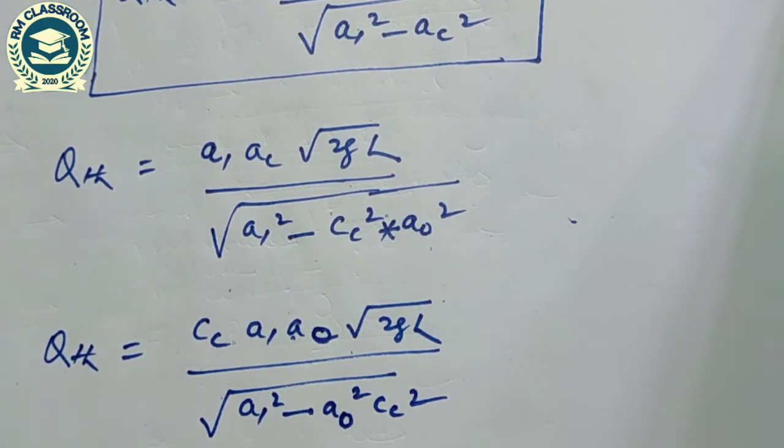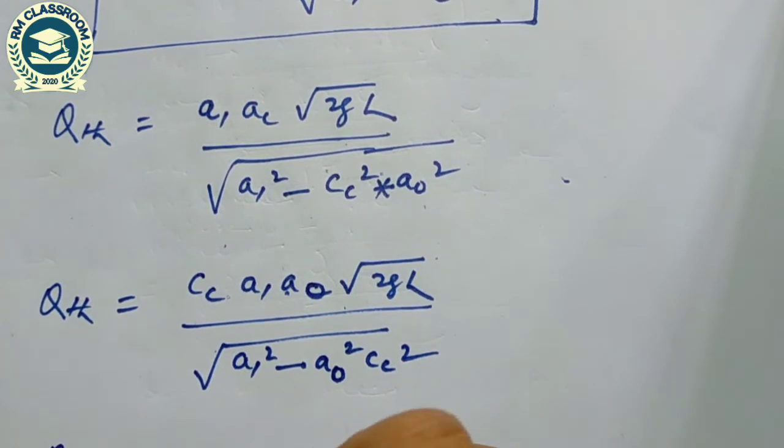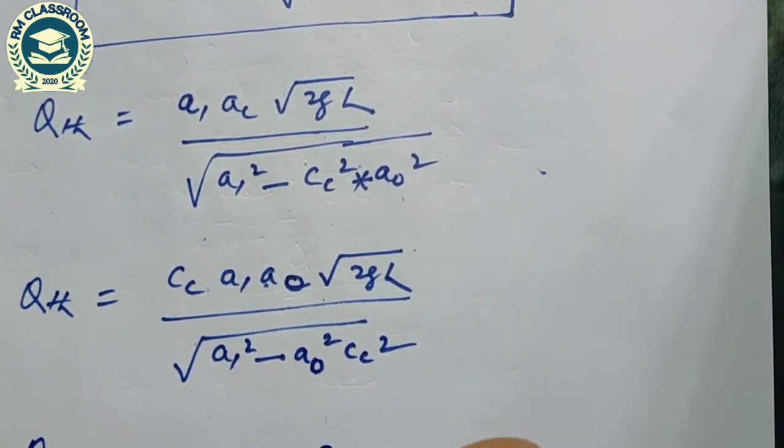Or we can write Q actual is equal to CD times A1 A naught root under 2GH divided by square root of A1 square minus A naught square.